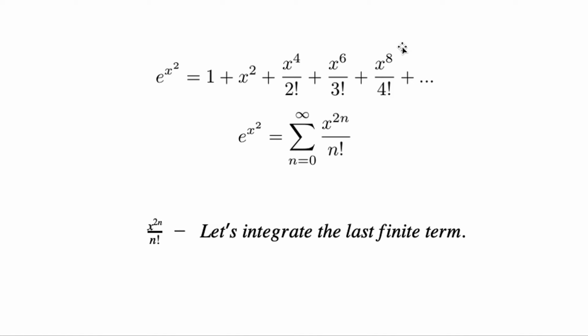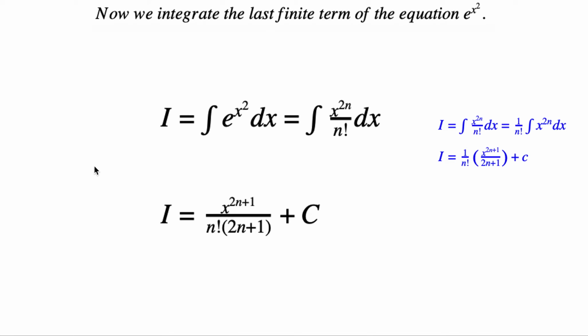And if we write this series as a sum, we can write e^(x squared) equal to the sum n equal to 0 to infinity of x^(2n) over n factorial. So let's integrate the general term, x^(2n) over n factorial, instead of e^(x squared). What are we going to get here?